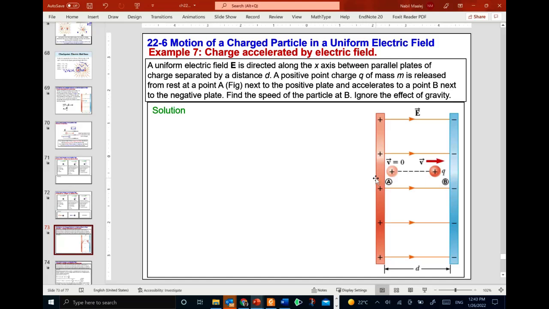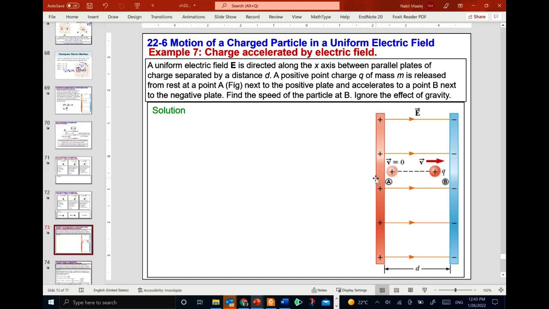So I can replace a and solve for the speed. V final is the square root of 2a d, which is the square root of 2 qE divided by m times d. This is the velocity.